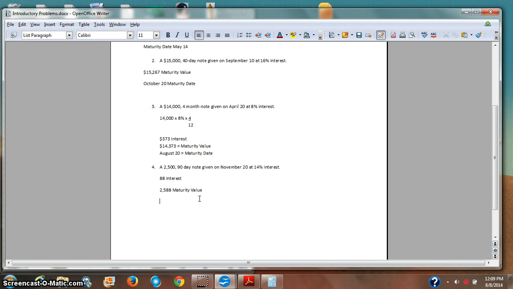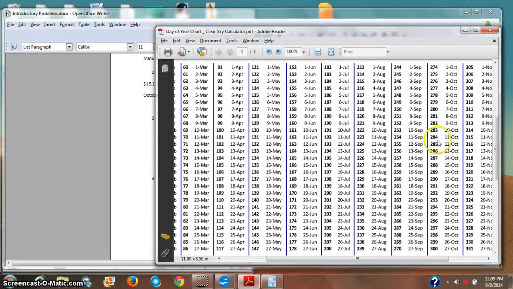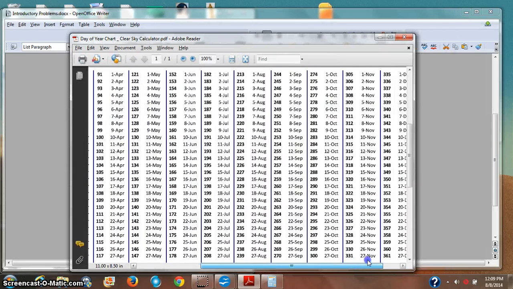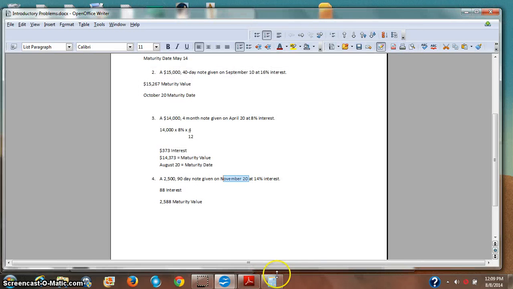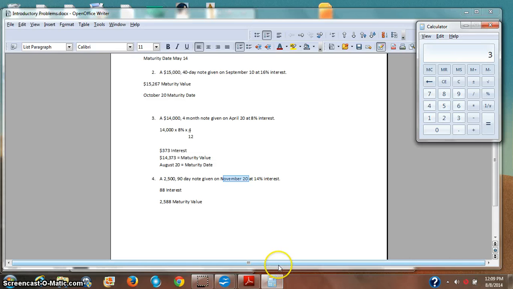All right, so now we have to find the maturity date on this one. And it begins on November 20. So let's go to our chart here. November 20. There it is, the 324th day of the year. We're going to add 90 days. 414.